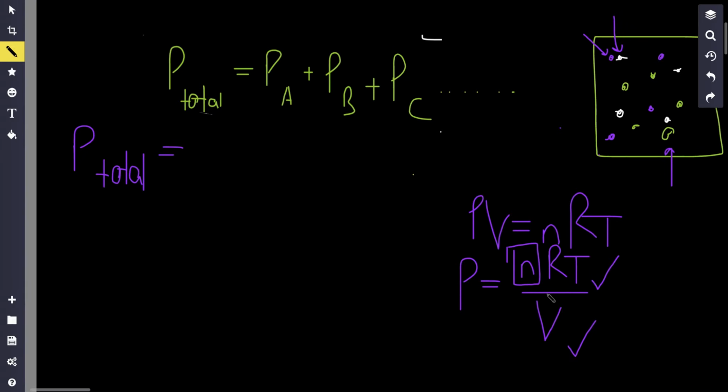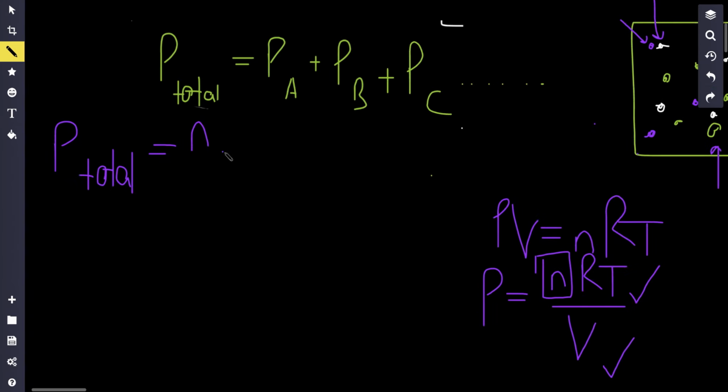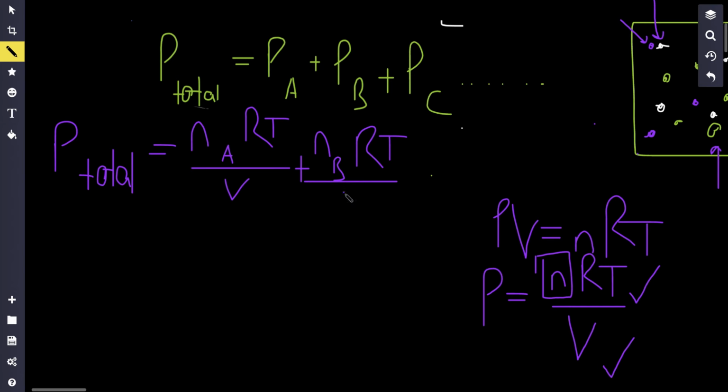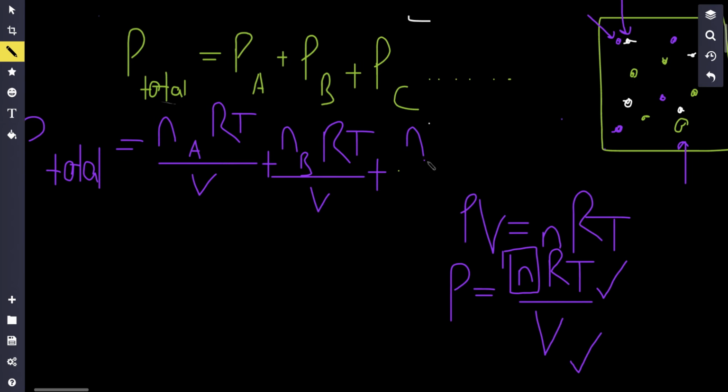So if I substitute nRT over V for P in every single one of these pressures, I'm going to get nA RT over V plus nB RT over V plus nC RT over V, and then this goes on forever.